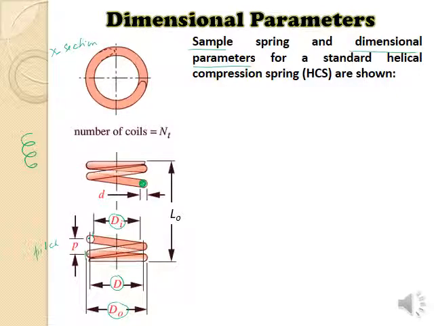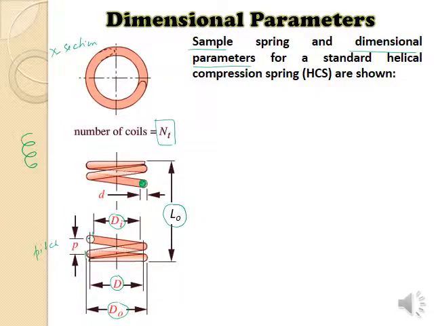So the total number of coils in this spring is NT, that we count from here. One coil, two, three, four, 5, 6, and this is the last coil. And here you can see it is made flat, and we'll talk about the end conditions later. Here no force is applied on the spring, so we call this L0, which is the free length of the spring.